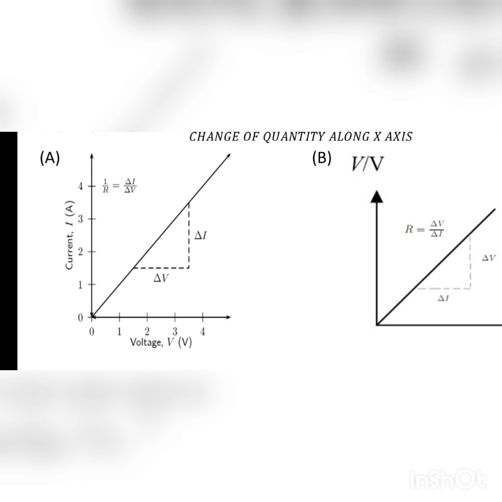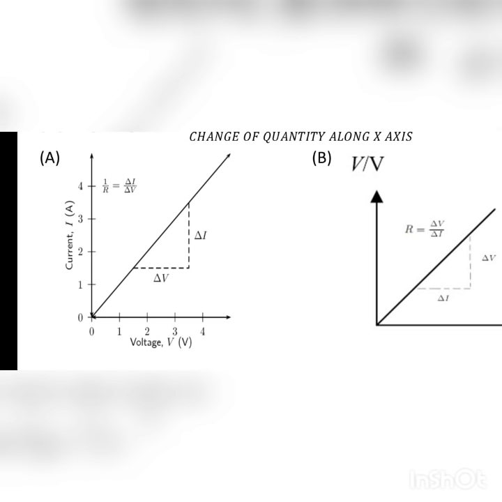That means 1 by R is nothing but I by V. So if I'm finding the slope as delta I by delta V, it is nothing but 1 by R. So the slope of graph A is nothing but the reciprocal of resistance. So to find the resistance, just use the value of slope. So R can be written as 1 by slope.